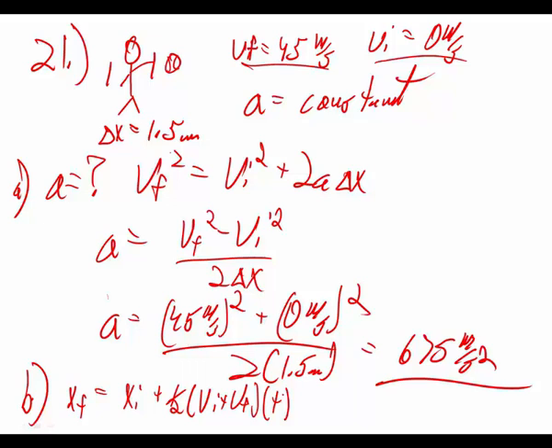And solve for t. And when you solve for t, what do you get? You get 2 times delta x. Look, carry that back across. That becomes delta x over what?